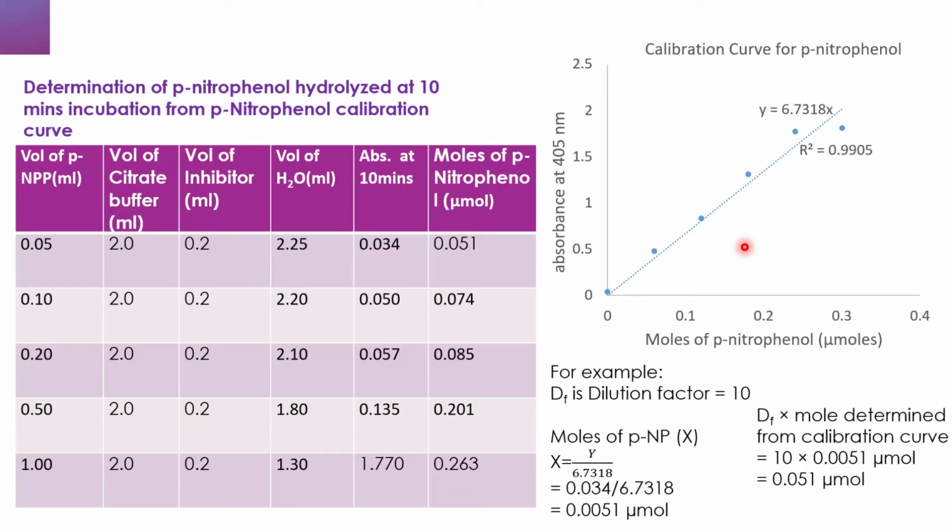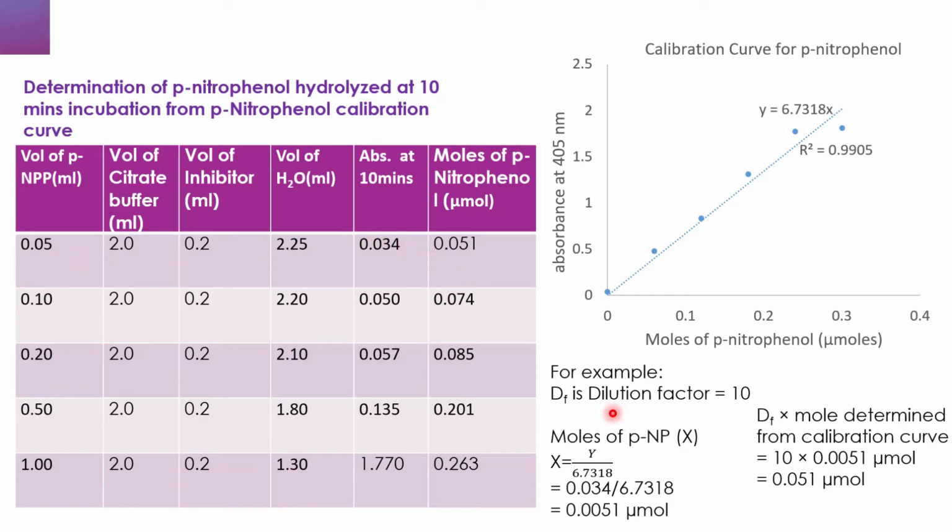So if you want to determine the moles of p-nitrophenol hydrolyzed at the 10 minutes of incubation, we make S the subject from the equation of the line and substitute Y with the absorbance value that we obtained for each of the reaction at the 10 minutes of incubation. So let's give a try for the moles of p-nitrophenol hydrolyzed for the first reaction in the first test tube.